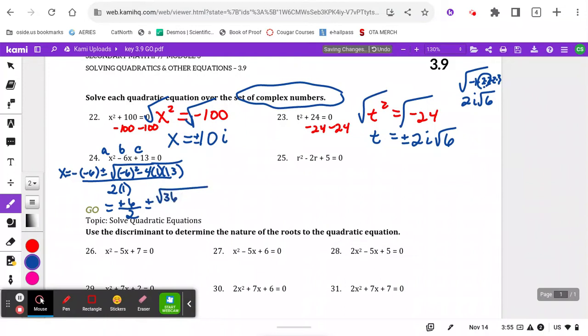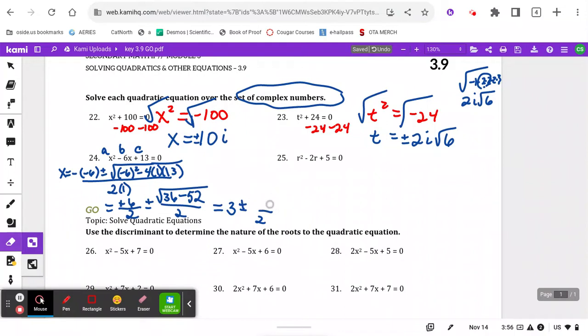I'm grabbing my calculator to do 13 times 4. And that's giving us 52. And so simplifying that, what is 36 minus 52? That's a negative root 16. So my final answer here is going to be 3 plus or minus square root of negative 16 over 2, which we know that the square root of 16 is plus or minus 4i.